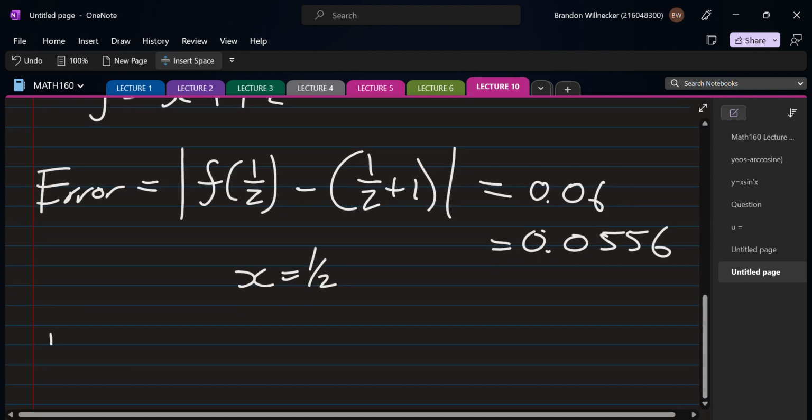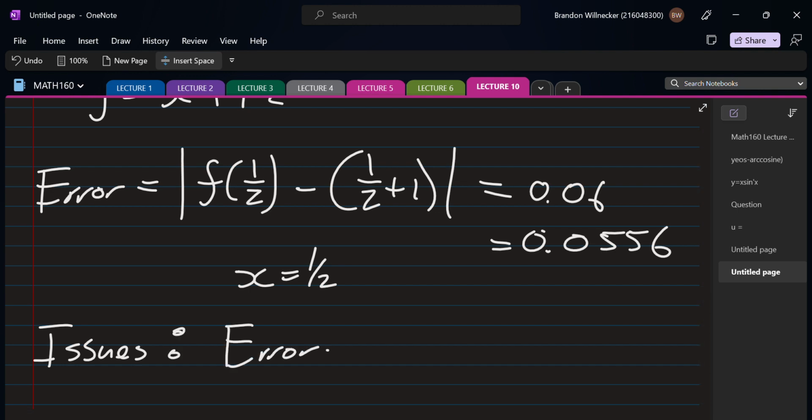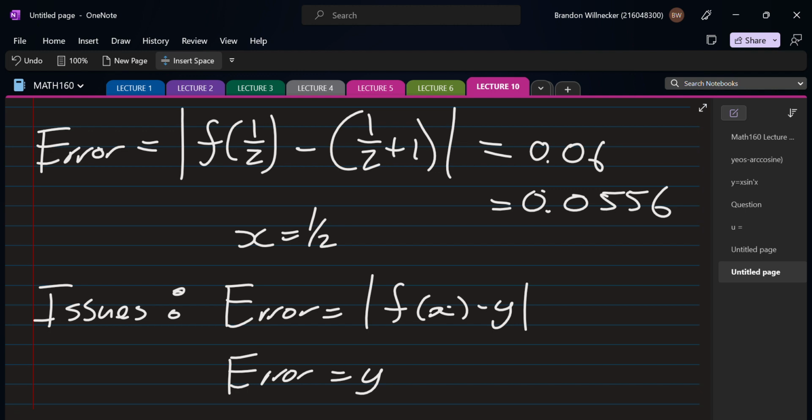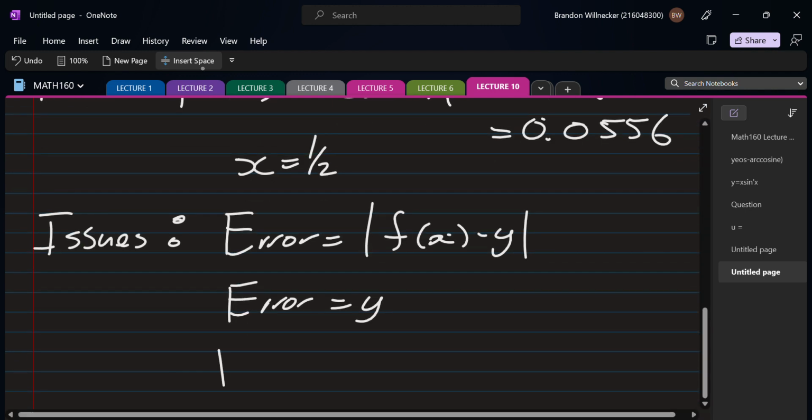Okay, so issues I saw. Firstly, error is equal to f of x minus y. That's the formula. Please use that. Some students were saying that the error is just y. That's wrong. Others were writing error is equal to dy, and then they found the differential.